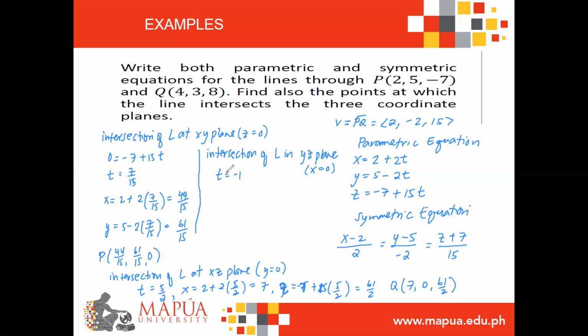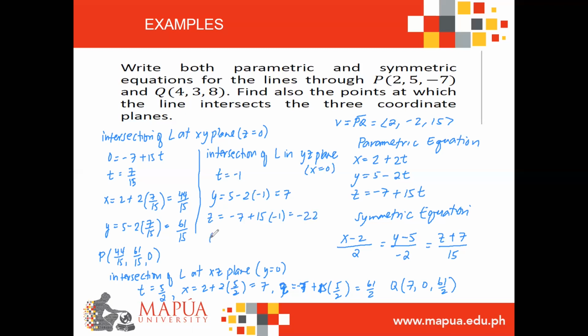Then substituting t equals negative 1 in your second equation and third equation of the parametric equation of your line L, y equals 5 minus 2 times negative 1. The answer will be 7. Then you have z equal to negative 7 plus 15 times negative 1. This will be equal to negative 22.